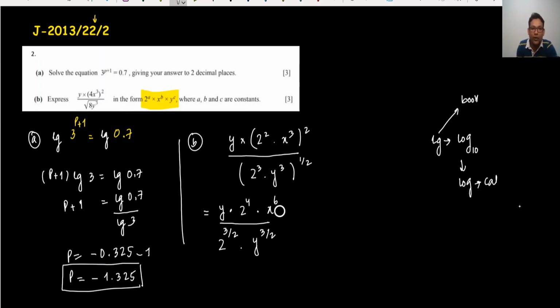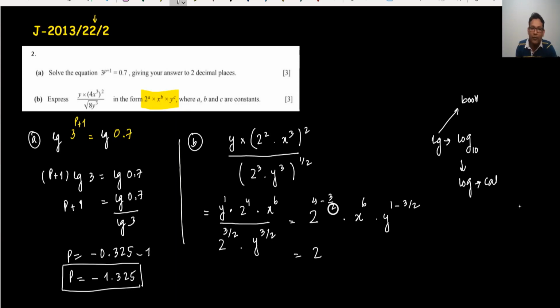First is 2, so I will move 2 first, 2 power 4, and this 2 power will be minus 3 upon 2. I will write 2 together. Then we have to write x power 6, and there is no x, and y power is 1 when there is no power, so y is 1 minus 3 upon 2. Now we just need to simplify.